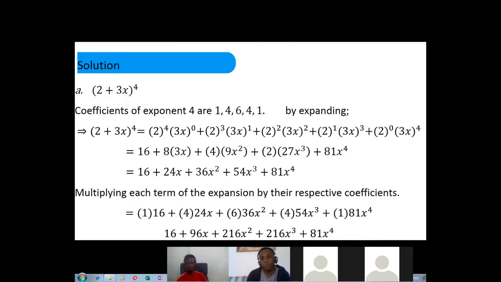So we multiply 1 by 16, 4 by 24x, 6 by 36x squared, 4 by 54x cubed, and 1 by 81x exponent 4.